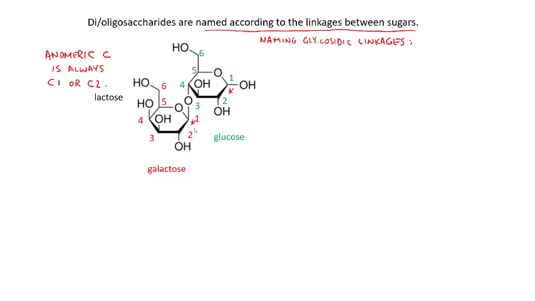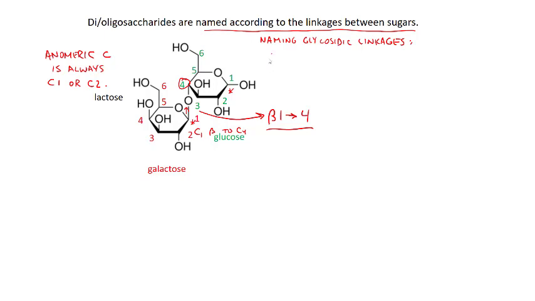Well, we see that we have a glycosidic linkage from the anomeric carbon on galactose, which is carbon 1. The OH group is pointing up, so it's a beta anomer, and it connects to carbon 4 on glucose. So this glycosidic linkage here would be called a beta 1 to 4 glycosidic linkage.